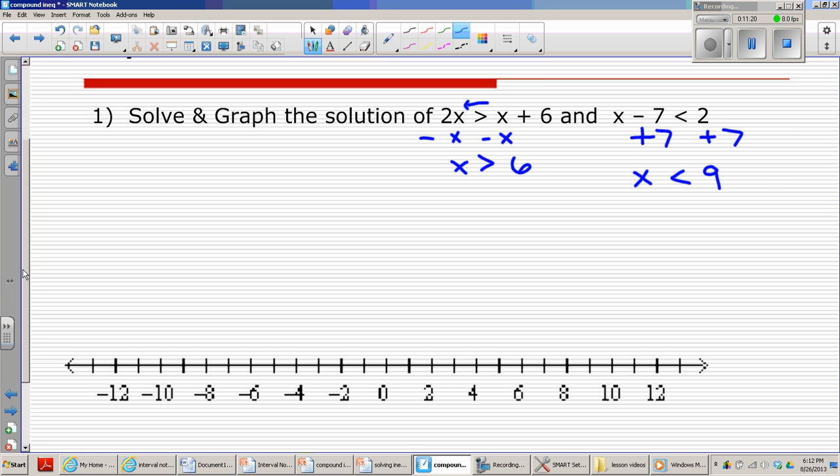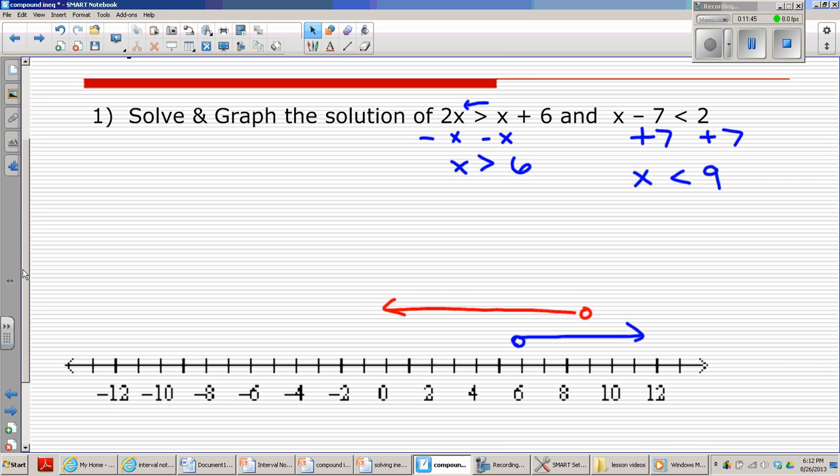First inequality, I have x greater than 6. So I need an open circle at 6. I'm pointing right. Second one, x is less than 9. Open circle at 9. I'm pointing left.